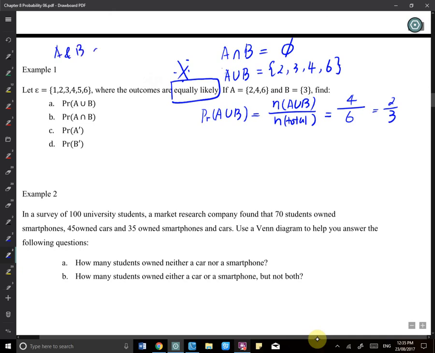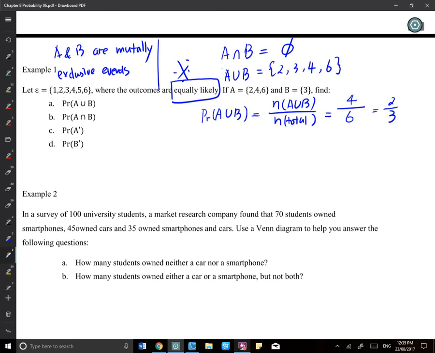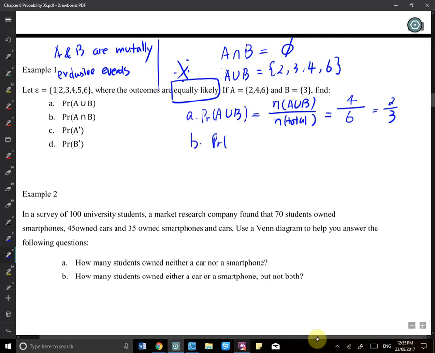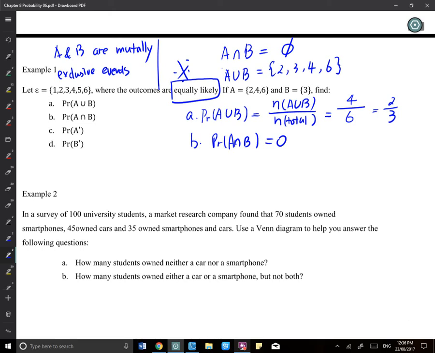So the probability of A intersects B is 0, because the numerator is 0. The number of elements in A intersects B is 0.